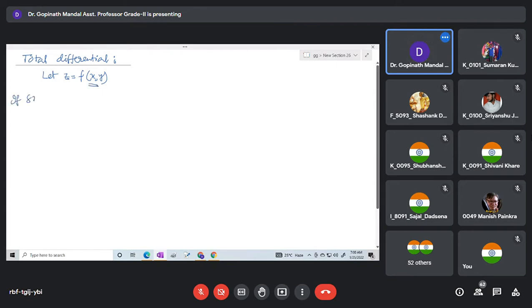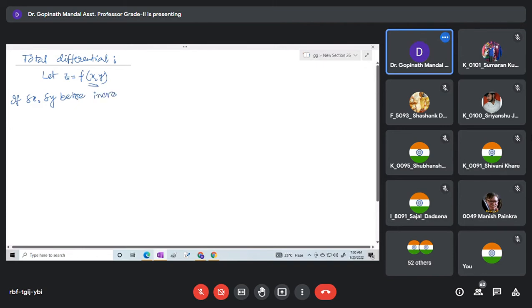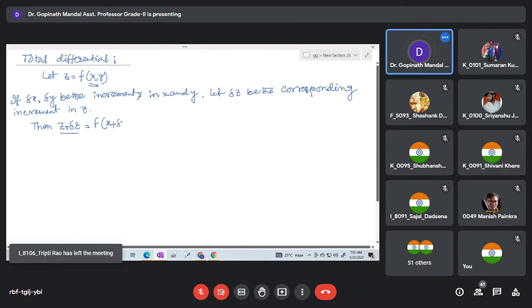If delta x and delta y be the increments in x and y respectively, and also let delta z be the corresponding increment in z, then z plus delta z will be equal to f of x plus delta x, y plus delta y.